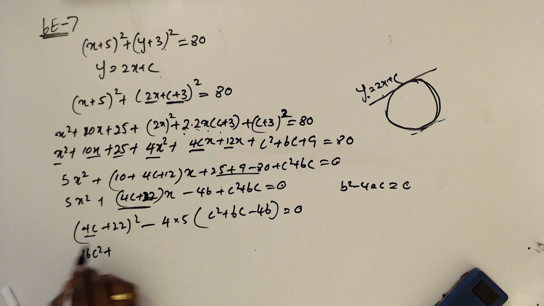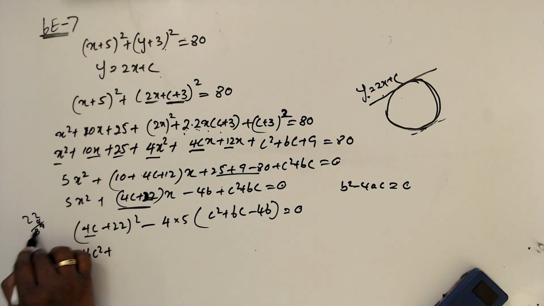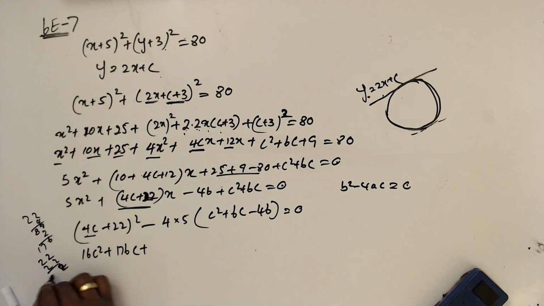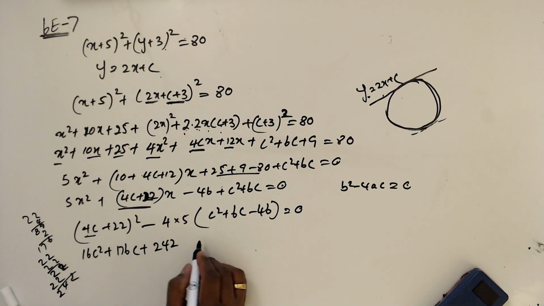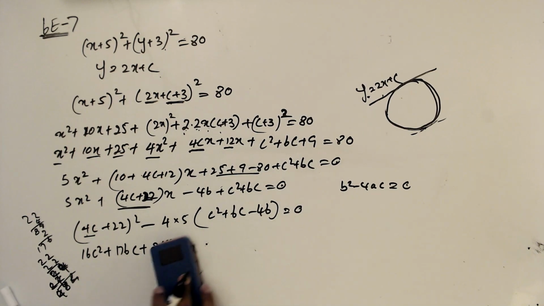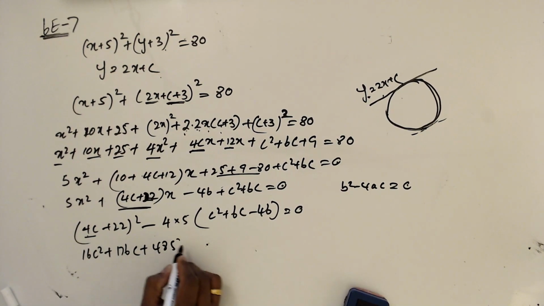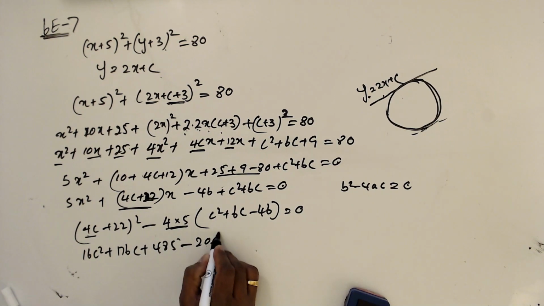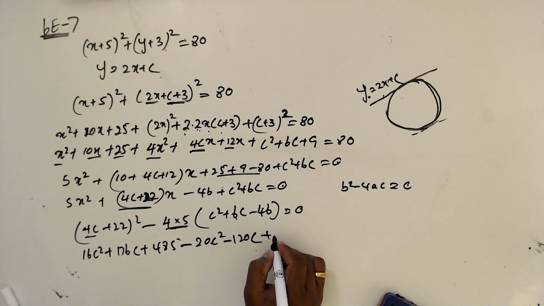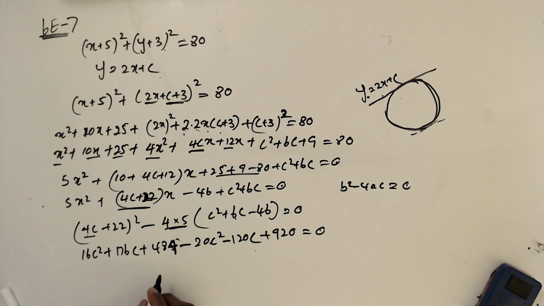Then 4 times 22 is 88, doubled is 176c, plus 22 square which is 484. 484 minus 20c square, then 20 times 6 is minus 120c, and 20 times 46 is 920, equals 0.